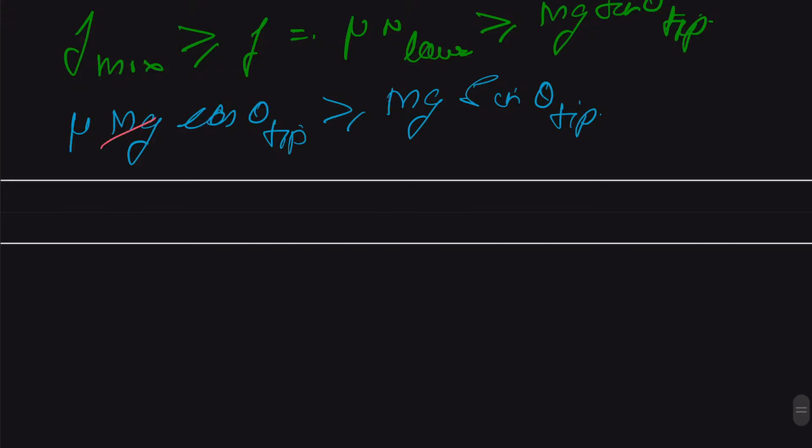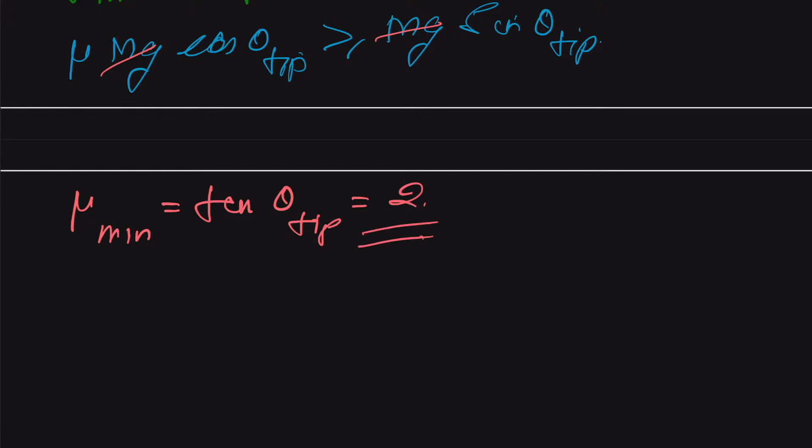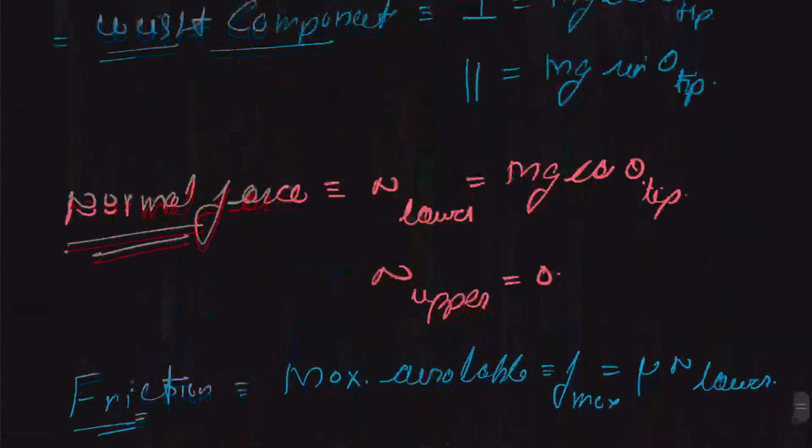And here mg and mg cancel out, so we get that the minimum value of mu is equal to tangent of theta tipping angle, which is about 2. And this will be true for our reverse side also. Okay, so it is going to be the same.